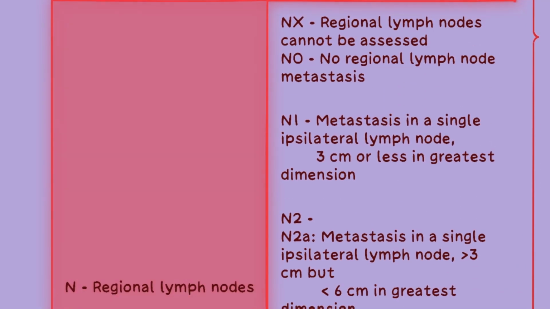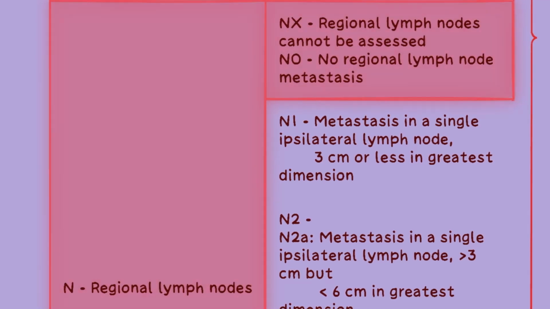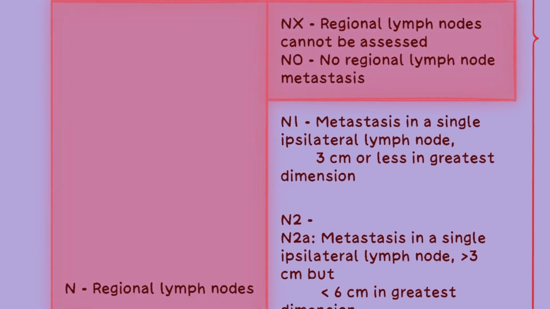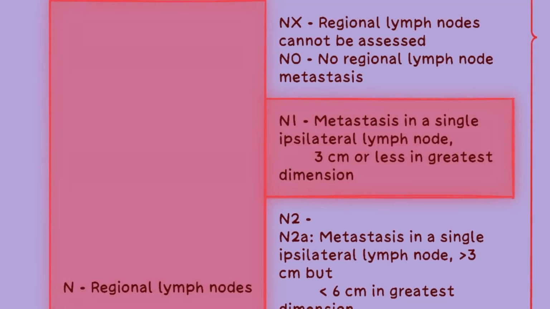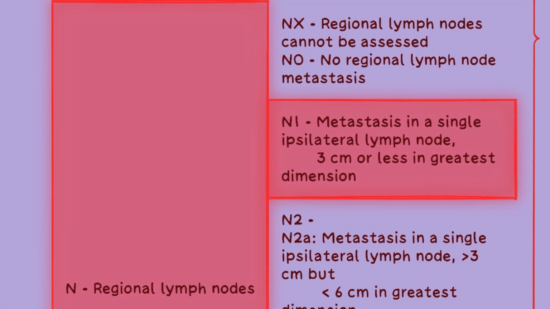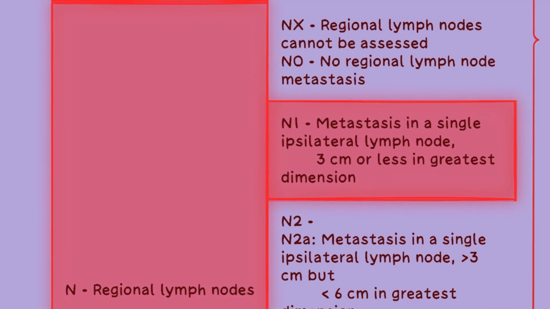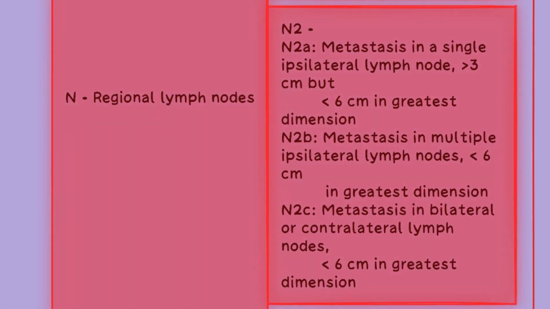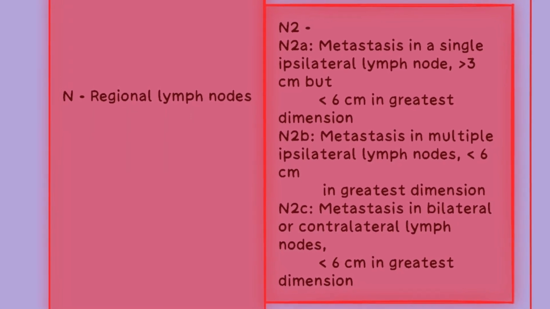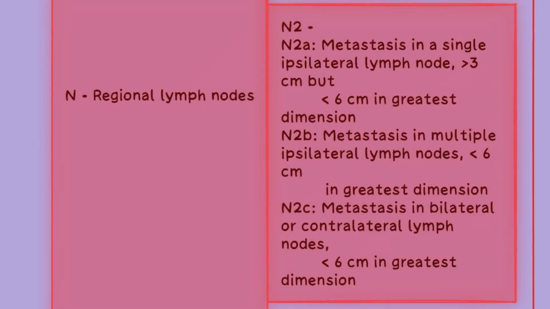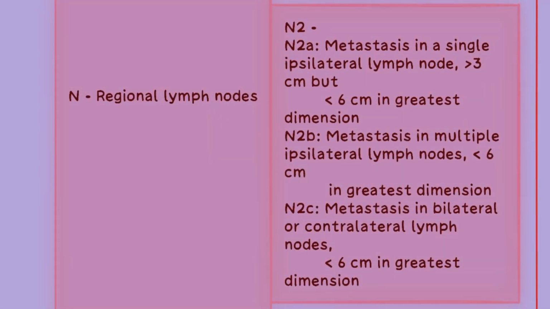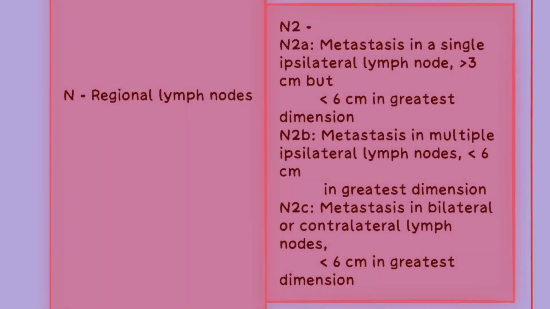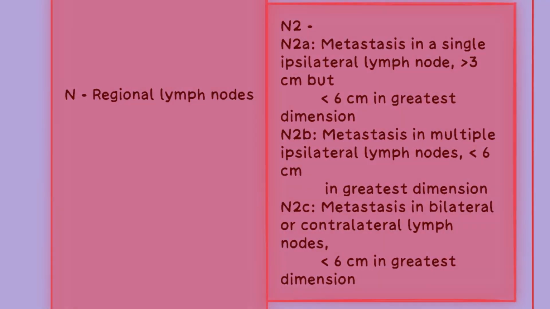N, regional lymph nodes. NX, regional lymph nodes cannot be assessed. N0, no regional lymph node metastasis. N1, metastasis in a single ipsilateral lymph node 3 cm or less in greatest dimension. N2a, metastasis in a single ipsilateral lymph node more than 3 cm but less than 6 cm in greatest dimension. N2b, metastasis in multiple ipsilateral lymph nodes less than 6 cm in greatest dimension.